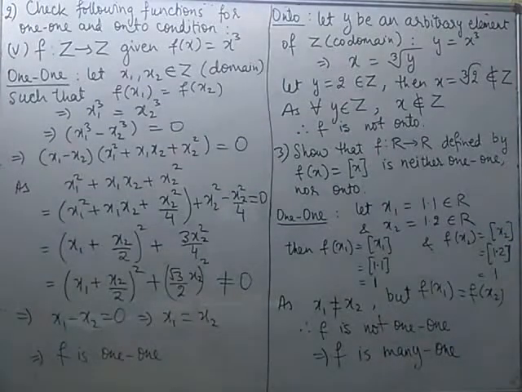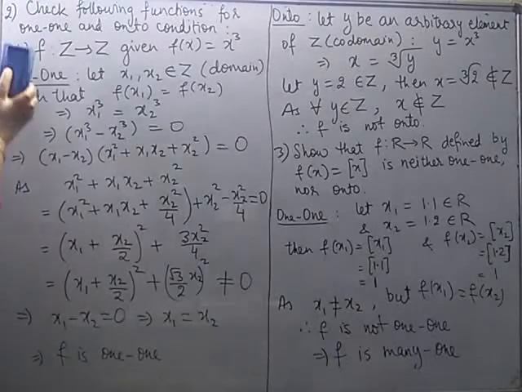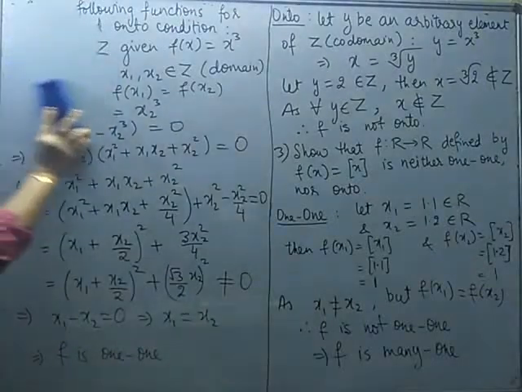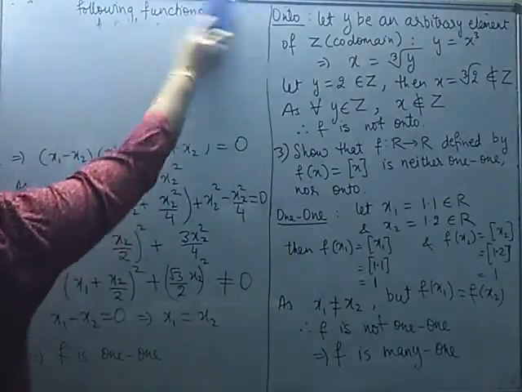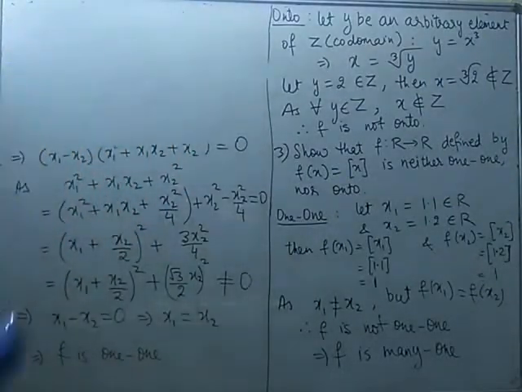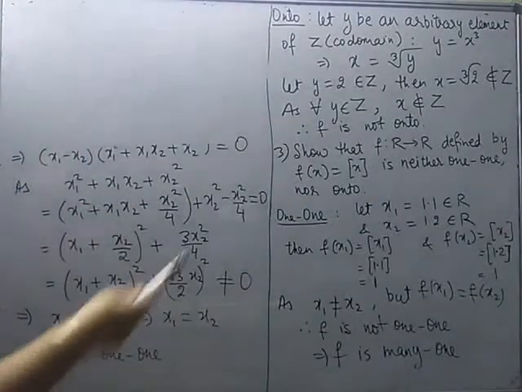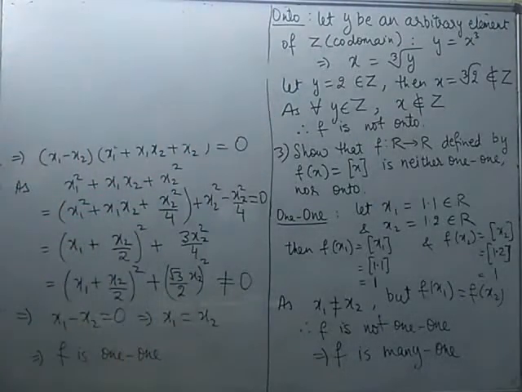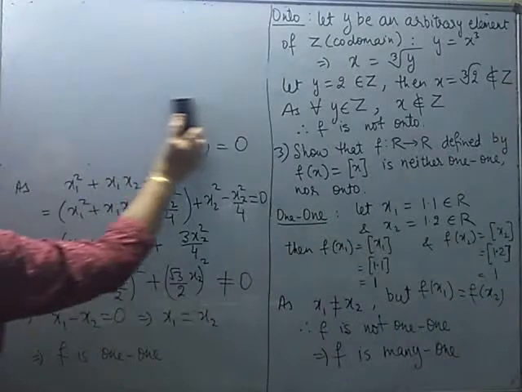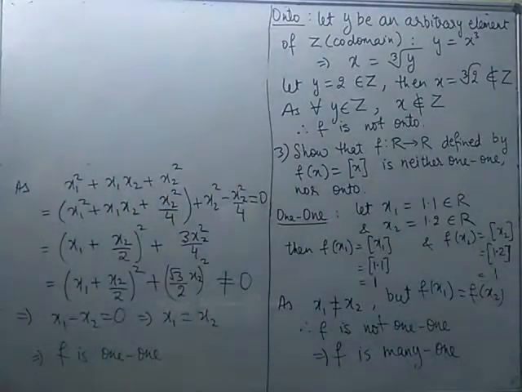Now coming to check whether it is onto or not, you can quickly use the second result which I told you about onto functions. Either we show it is onto or not onto by taking an arbitrary element, or if I show that the range is equal to the codomain, then it becomes onto. If they are not equal, then it is not onto.